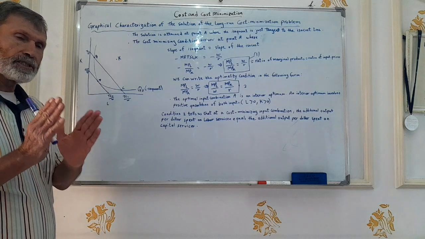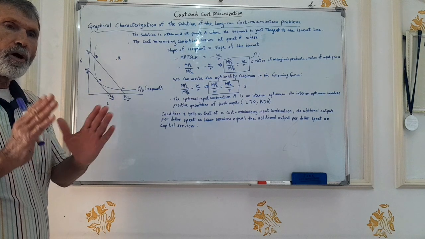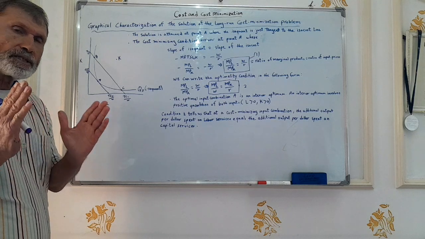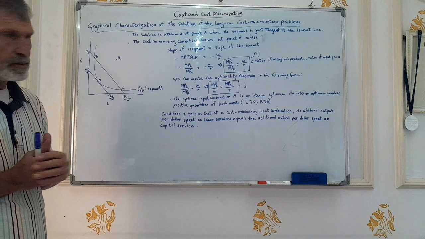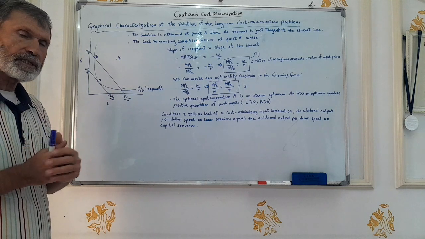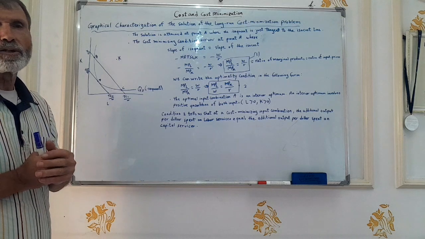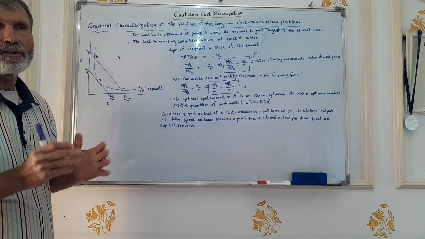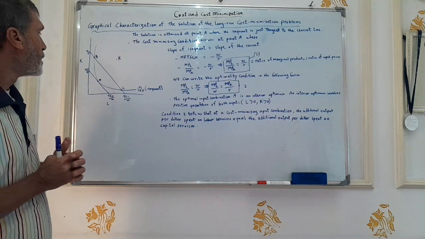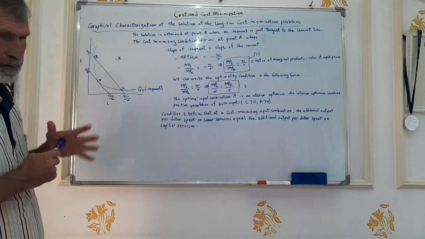Remember, an isoquant is a curve that shows all the combinations of labor and capital that yield a given level of output, here Q0. And isocost is the combination of labor and capital that gives a certain level of total cost. Great. So you have two isocost lines and one isoquant.